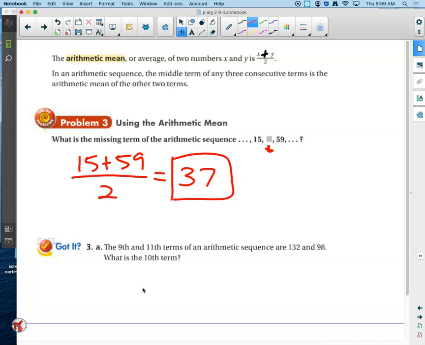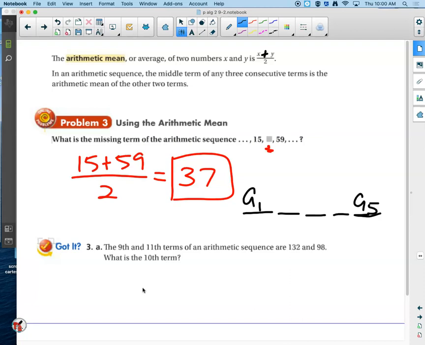Now sometimes they'll do this. They'll give you the first term, and they'll give you 1, 2, 3, 4, 5, the fifth term. And we could use the formula, write it, and then get the second, third, and fourth terms.